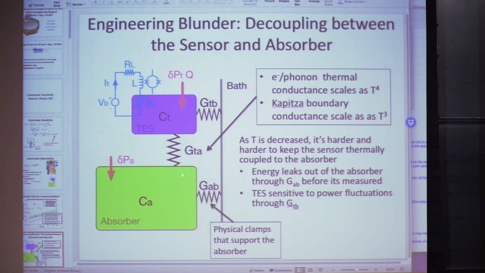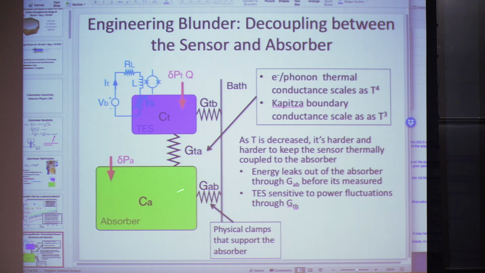Therefore, I have to have a coupling from the vibrational system in the absorber to the electronic system in the sensor. In my case, it's a TS, but it could be an NTD. It could be any kind of system that I'm trying to get the energy into, but I'm always trying to get into the electron system of something. And this coupling here is going to be the electron-phonon coupling in the material.